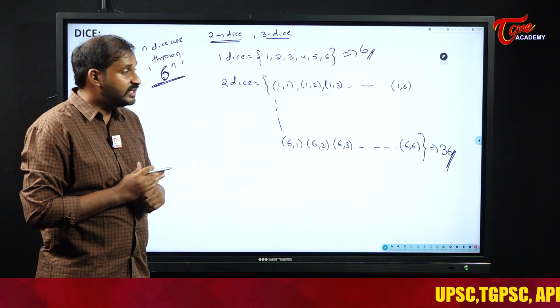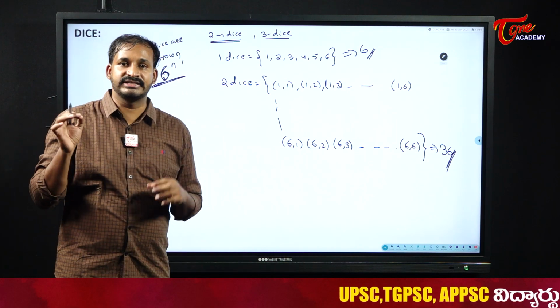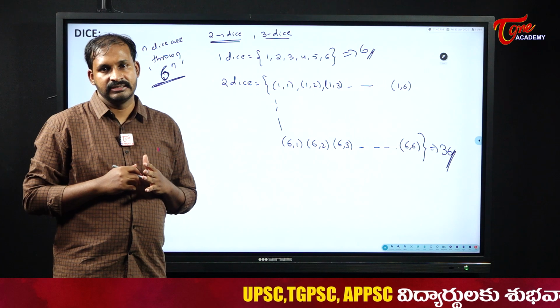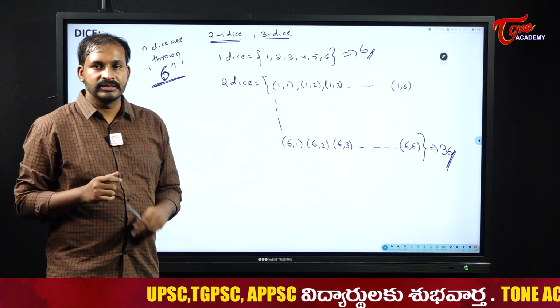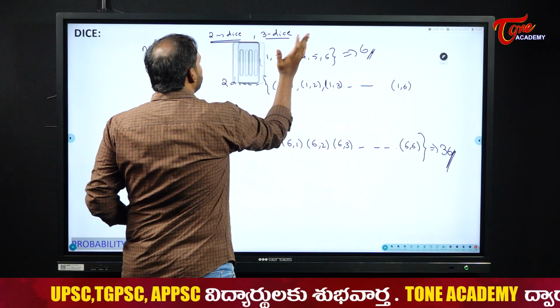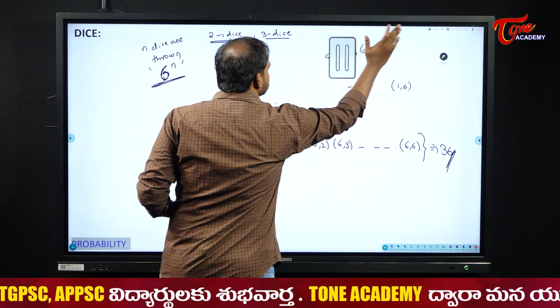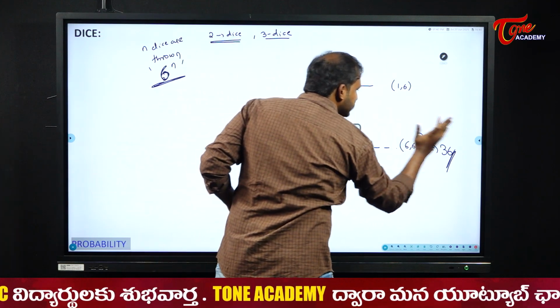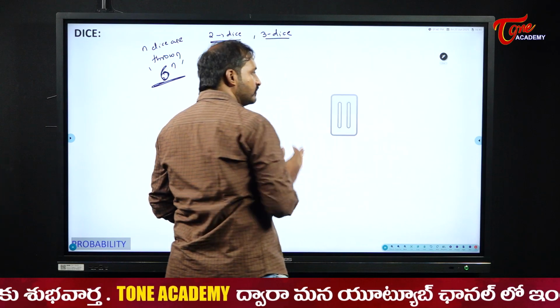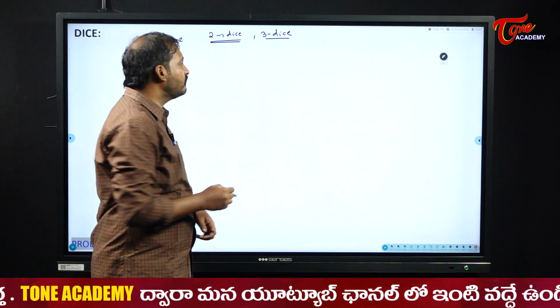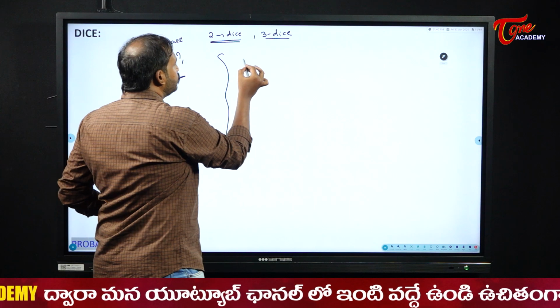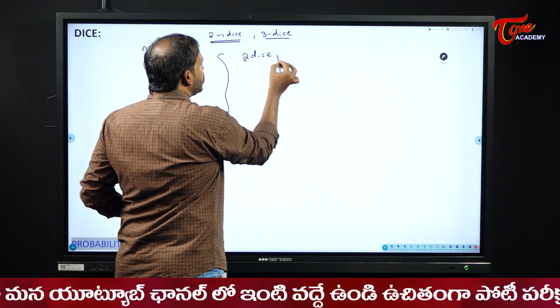Now in this dice concept, students, we should understand a few important things before solving the problems. Mostly in the case of 2 dice, when 2 dice are thrown, what is going to happen for us?